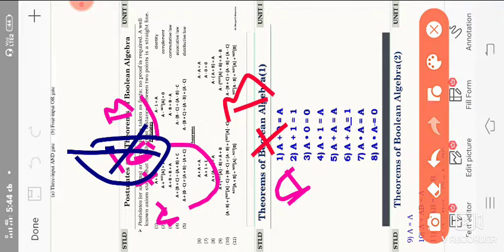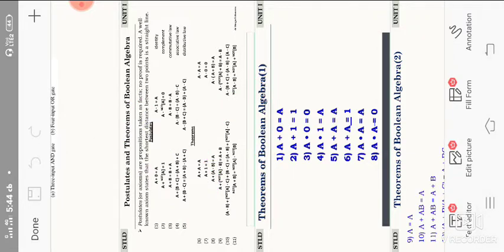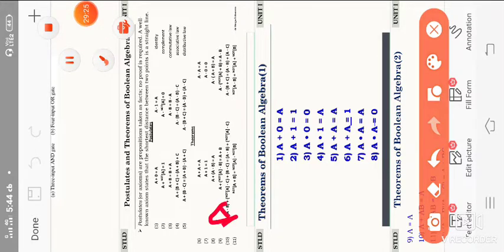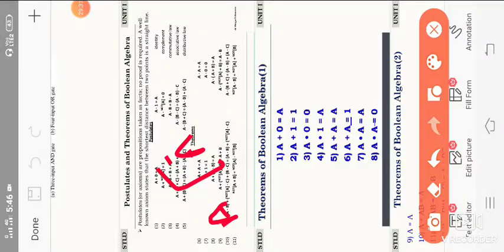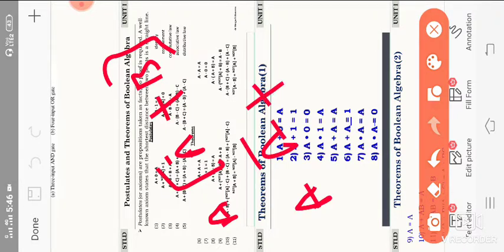In the same manner we have to observe A into A bar plus B. Again we are multiplying the values: A into A bar plus AB.